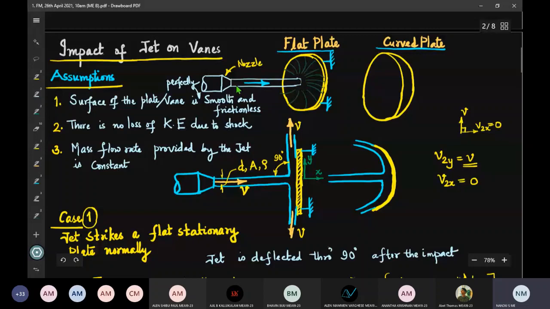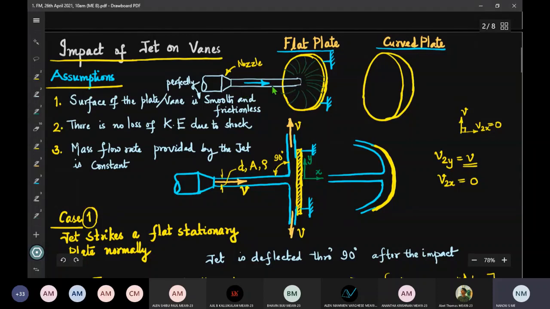Usually the jet is cylindrical, but it can have other cross sections as well, for example rectangular or square, depending upon the nozzle or the conduit it comes out from. A circular nozzle will definitely deliver a cylindrical jet.